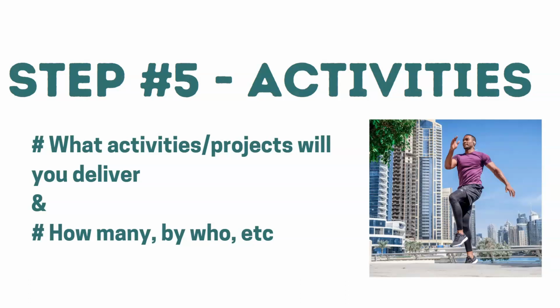So you decided first on the impact you wanted to see, then the outcomes that will lead to that impact, and then you're backing off and saying, okay, what kind of activities do we need to do? For example, you can say, oh, we're going to do CV writing workshops, or we are going to do one-to-one mentoring, or we are going to do a drop-in service, or whatever it is.